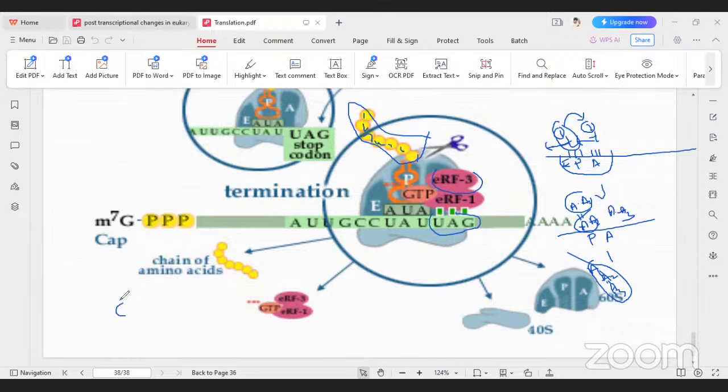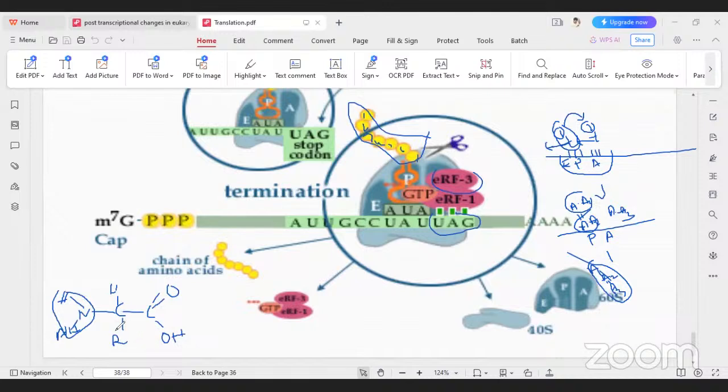Amino acid structure: C, H, N, H2. This is the amino group, NH2. And here is the alkyl group, and C keto, OH. This is the amino acid structure.